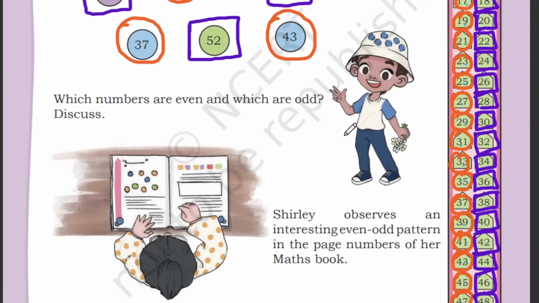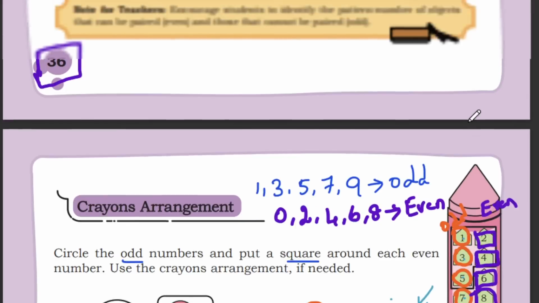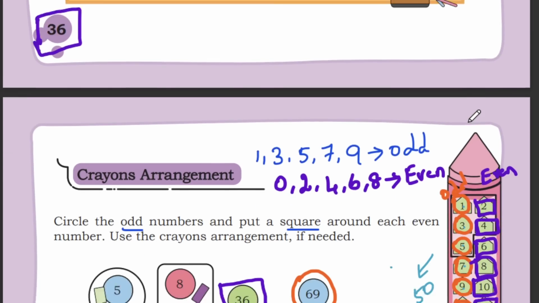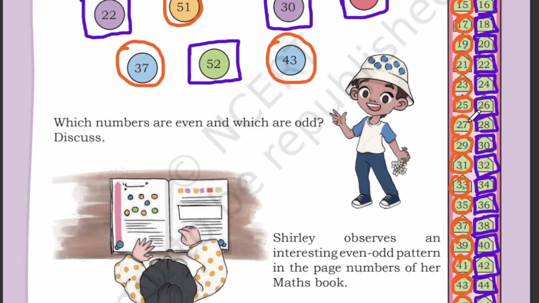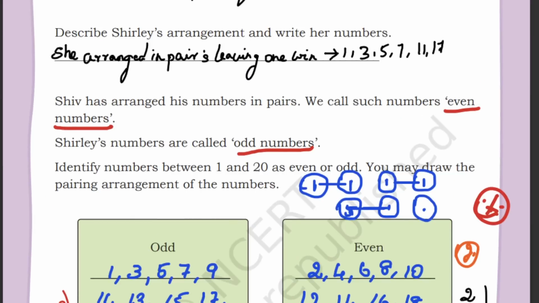I just counted to show you how to cross verify. Likewise, you can count the numbers between 1 to 50 or 1 to 20. Between 1 and 20, how many odd numbers do we have? 1, 2, 3, up to 10, so 10 odd numbers.